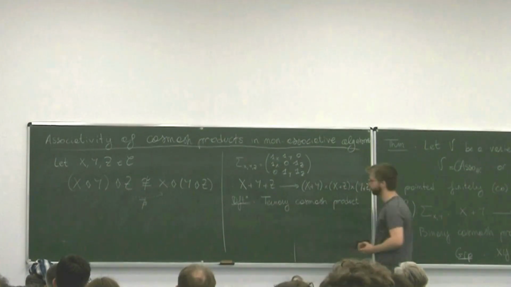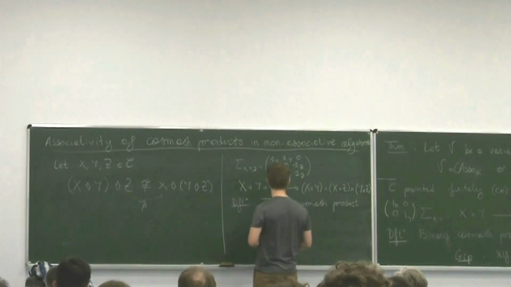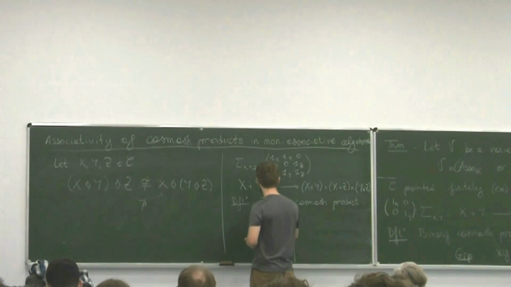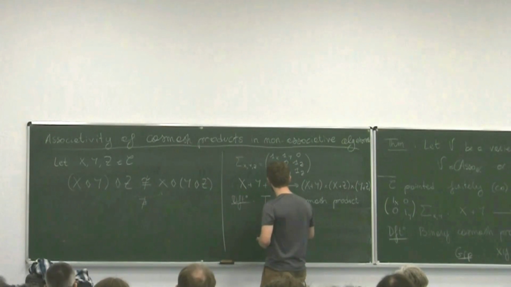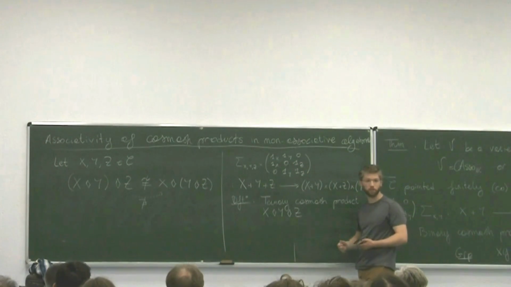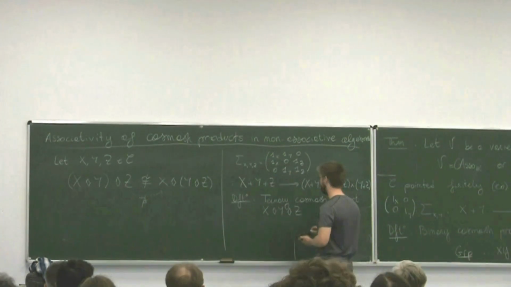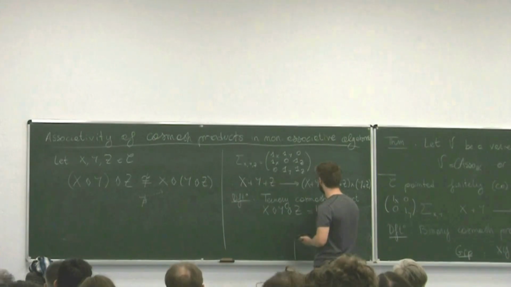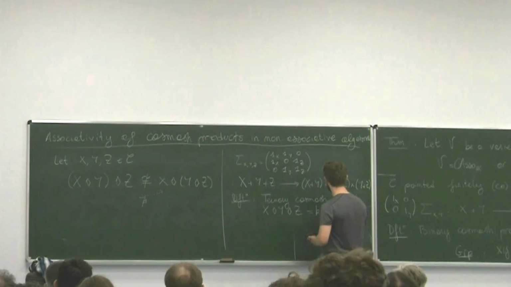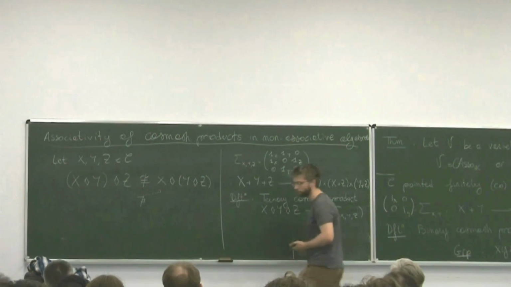So I should mention that this was already done in the dual case by Carboni and Janelidze. But here what you can see is that I do not write it with any parentheses. If I have no parentheses, it just means that it is the ternary one. And the ternary Cosmash product, therefore, is the kernel of this one. Okay.